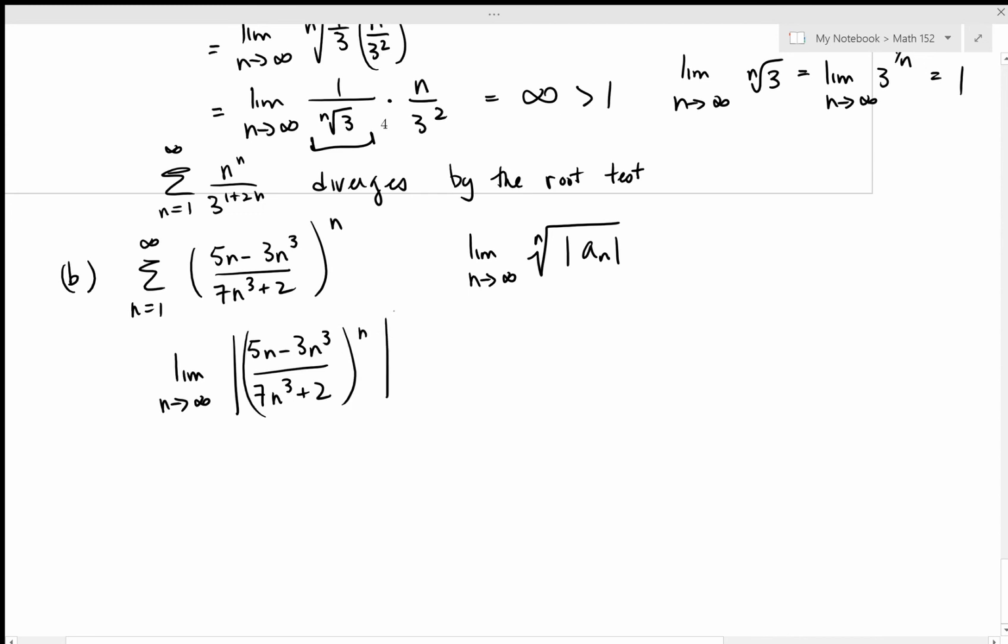I'm going to be taking the nth root. Okay, now pause. I see those absolute value signs, and I see that this thing may not always be positive, so I need to be careful about that. There's some caution with the absolute value. The terms are not always positive.